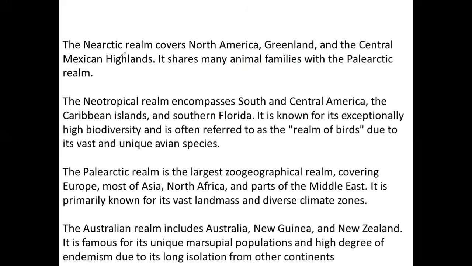Listen to that. First is the Nearctic realm. Its areas are North America, Greenland and the central Mexican highlands. It has somewhat similar animals to the Palearctic realm. Next is the Neotropical realm, which we call the realm of birds due to its vast and unique avian species, a huge number and very different kinds of bird species.